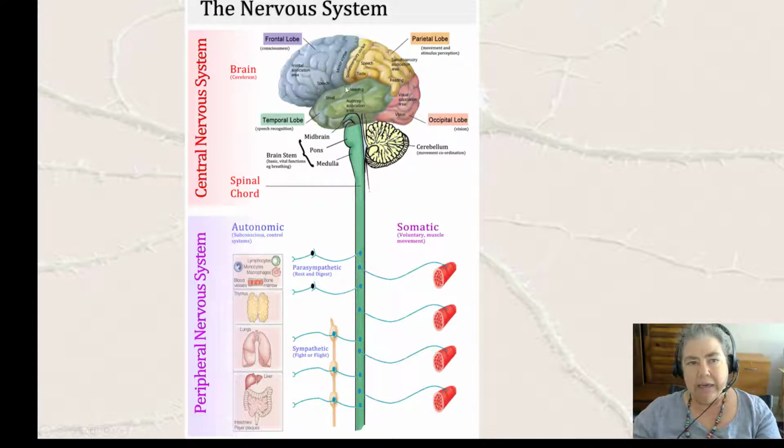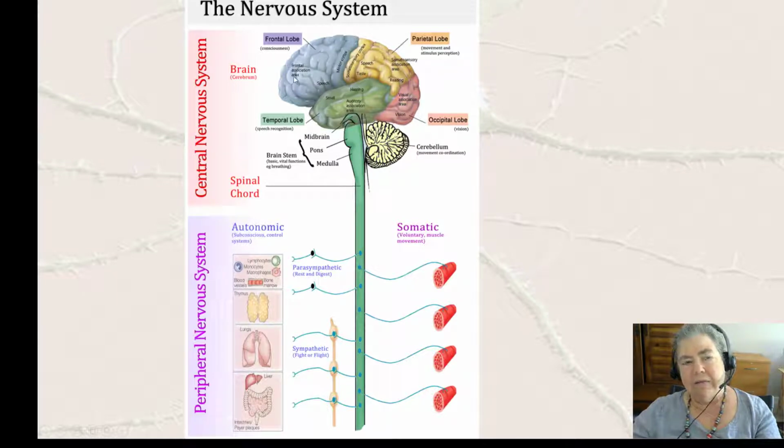So frontal lobe anterior contains the motor cortex, contains many of our speech related cell bodies, contains a lot of areas that have to do with behavior and personality.